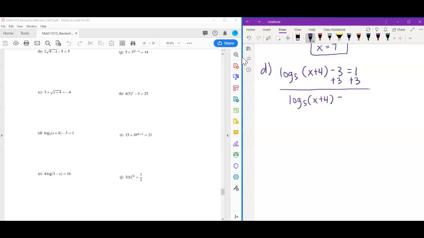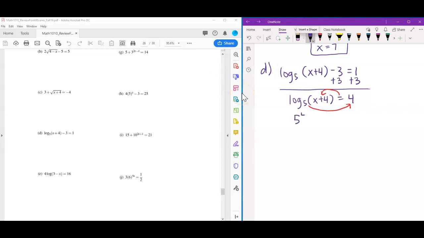4 equals 4. And now to solve this, remember I want to change it to exponential form. That's going to be the easiest way. So 5 to the 4th power equals this. Right. So we've got, so that's 5 to the 4th power.